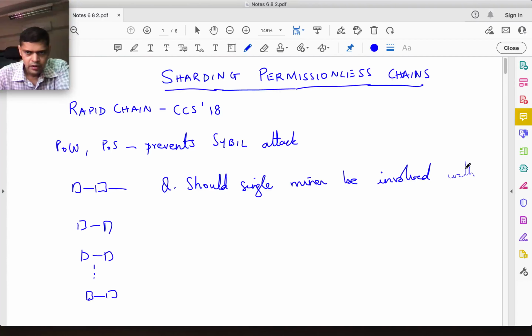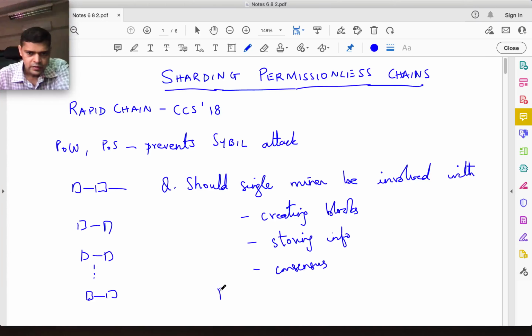Should it be involved with creating blocks, or storing information, or being involved in the consensus for multiple chains?